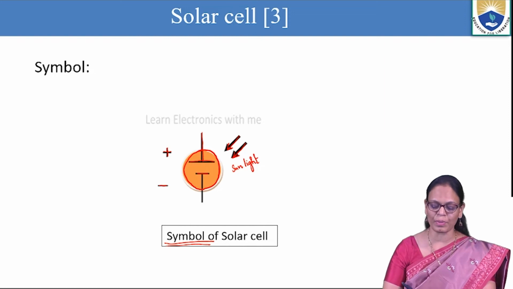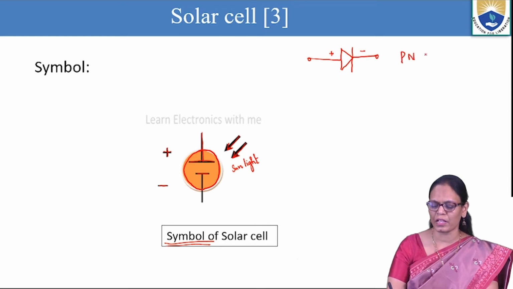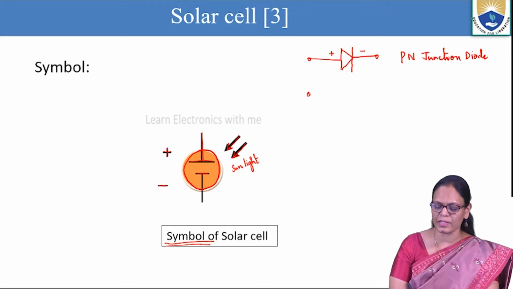Whenever we talk about symbols for a basic PN junction diode, we have seen the triangle with a line. This is positive and negative. This is for a PN junction diode. And then when the PN junction device is an LED, light is emitted, so we have two arrows that are pointed outwards.